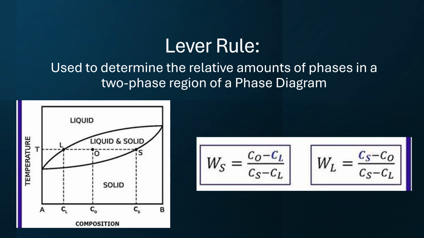So to find the fraction of solid, you do C0, which is the overall composition, minus Cl, which is the composition of liquid, over Cs, which is the composition of solid, minus Cl. For the liquid fraction, you would do Cs minus C0 over Cs minus Cl. And that's how you would find the lever rule.